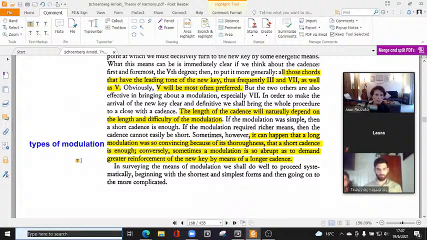Conversely, sometimes a modulation is so abrupt as to demand greater reinforcement of the new key by means of a longer cadence. So let's say that you're dwelling into the neutral chords, then a short cadence is enough. Then if you just put the dominant of the new key, that will be super abrupt. So we're going to manage that.